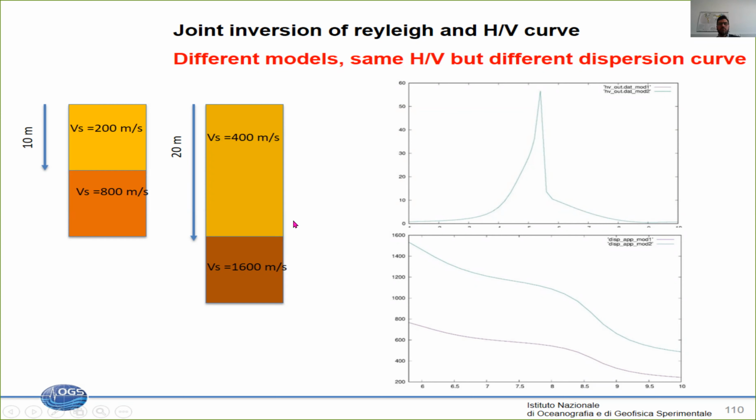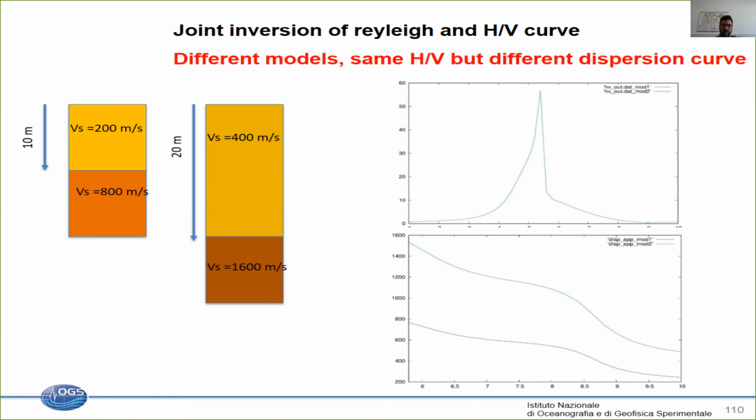So we can imagine that if the velocity can be fixed a little bit from the dispersion curve, then with H over V we have a possibility to resolve some information about the thickness. So it makes sense to invert them simultaneously.